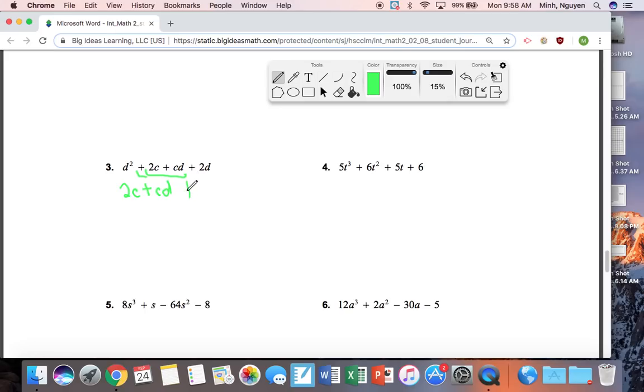And then I have d squared plus 2d. Oh, you know what? Sorry, this is still a little confusing because we're going to write it a different way. I would say 2d and d squared. So you could factor a c from these, and then you could factor a d from these.